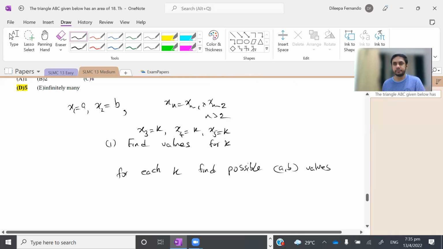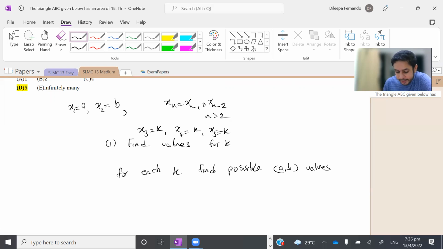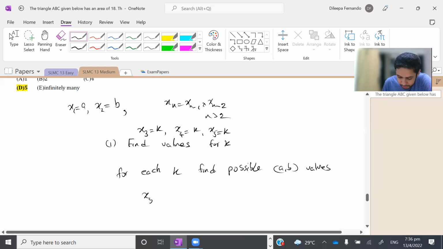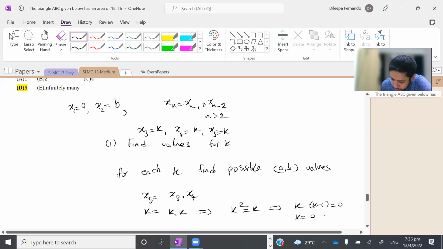Okay, now let's see. x3 is k, x4 is k. Now we know that x5 equals x3 into x4, which makes x5 is k, x3 is k, x4 is k. This makes k squared equal to k, which makes k equals 0 or k equals 1.